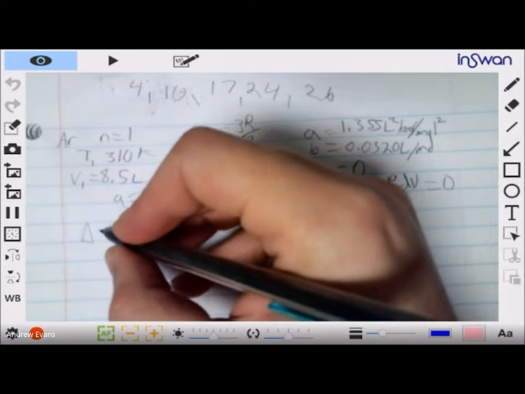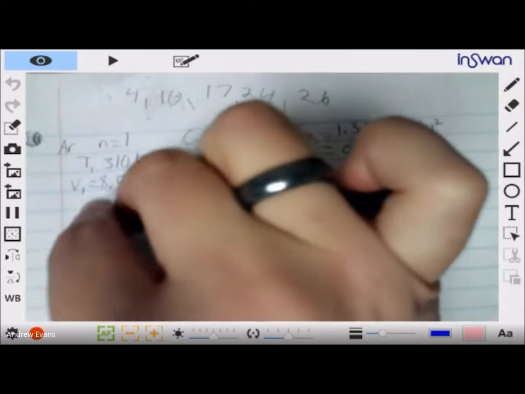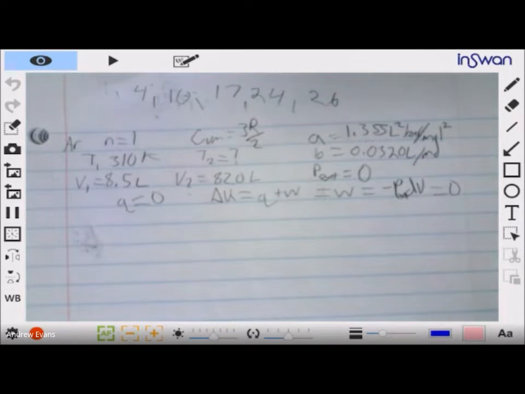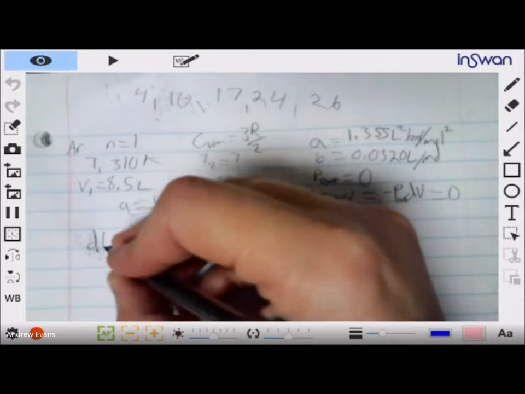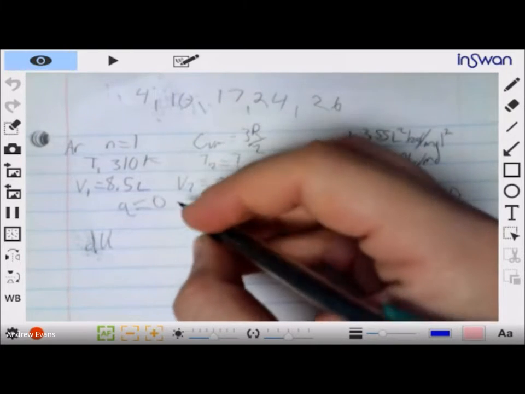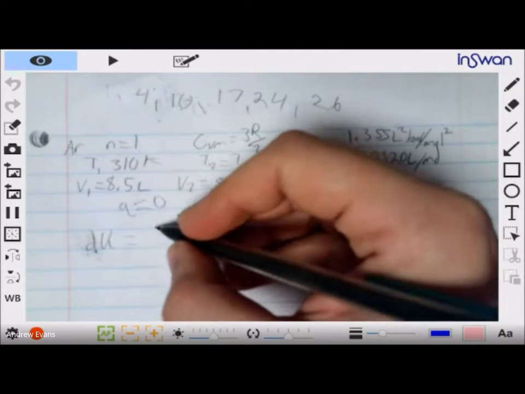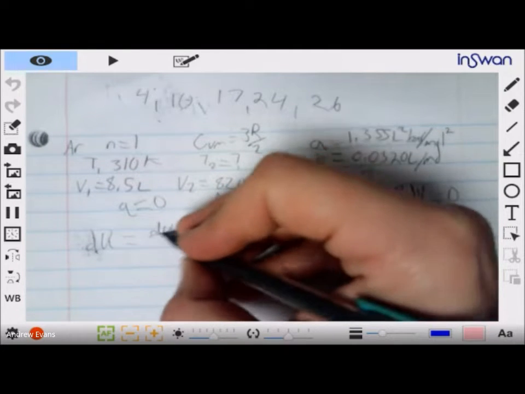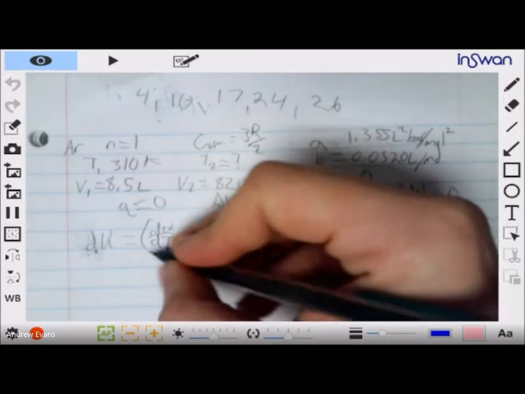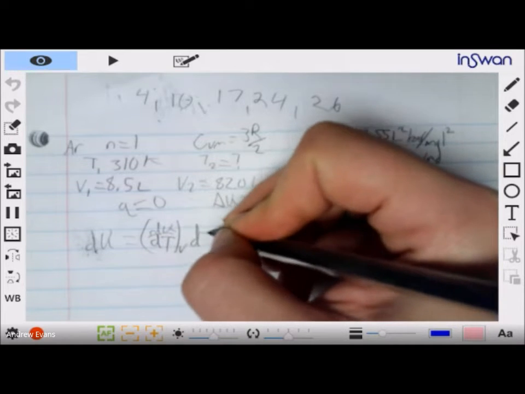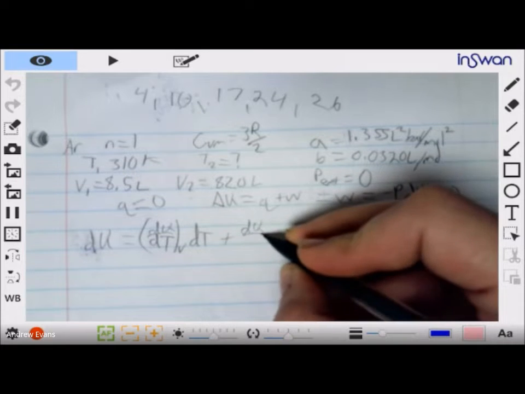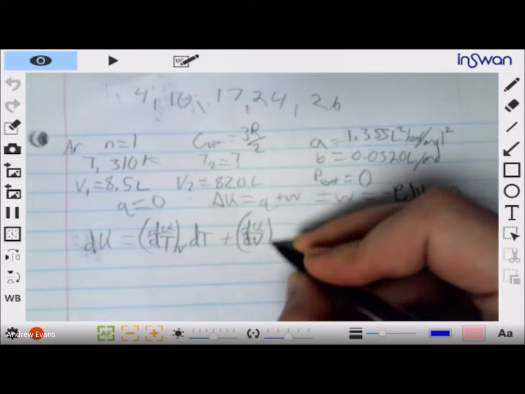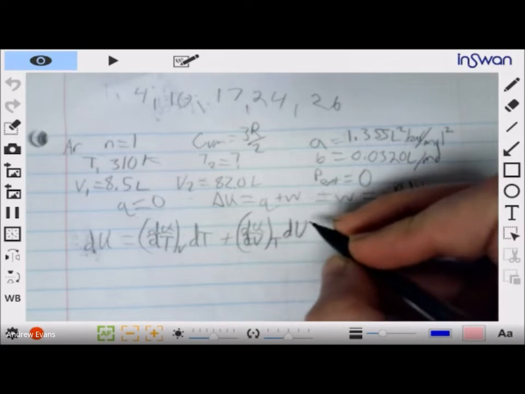With that in mind, we can look at how dU changes as a function of T and V. The partial differentiation of internal energy would give us dU/dT at a constant volume, dT, and dU/dV at a constant T, dV.